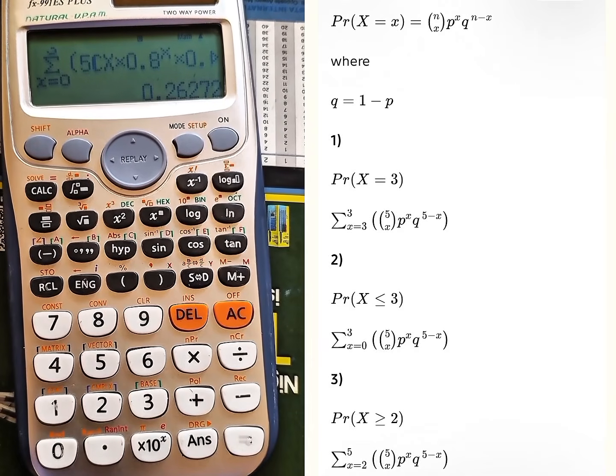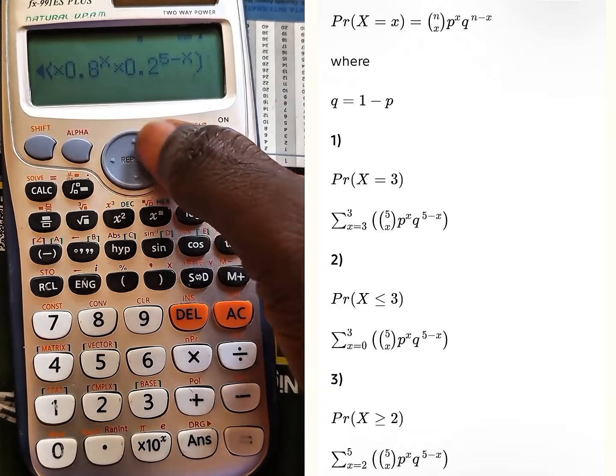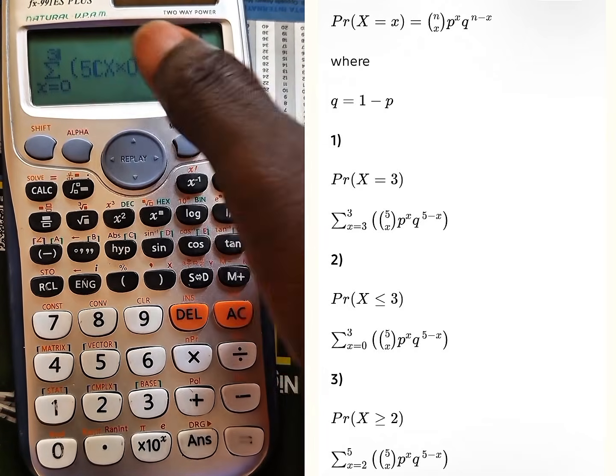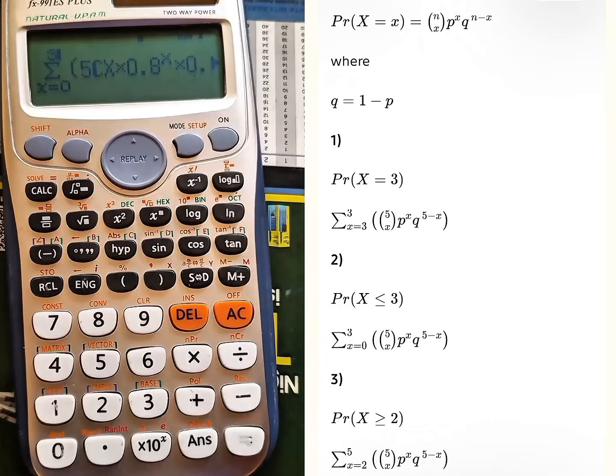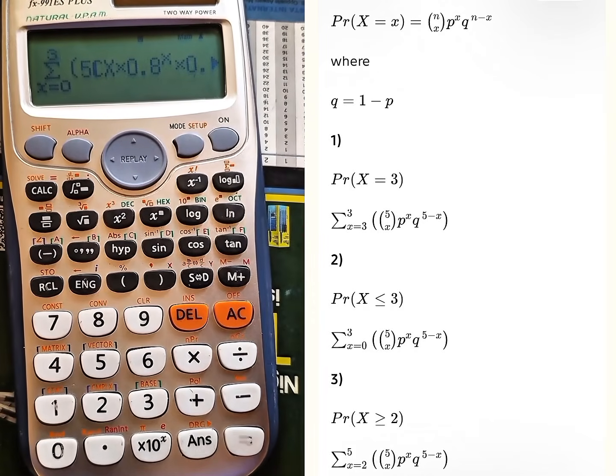Now, the third question says at least 2 people. At least 2 people means from 2 people and above, probability of x greater than or equal to 2. There's no need to clear anything, so we just come back again. We start from 2 people to the total number of people, which is 5.